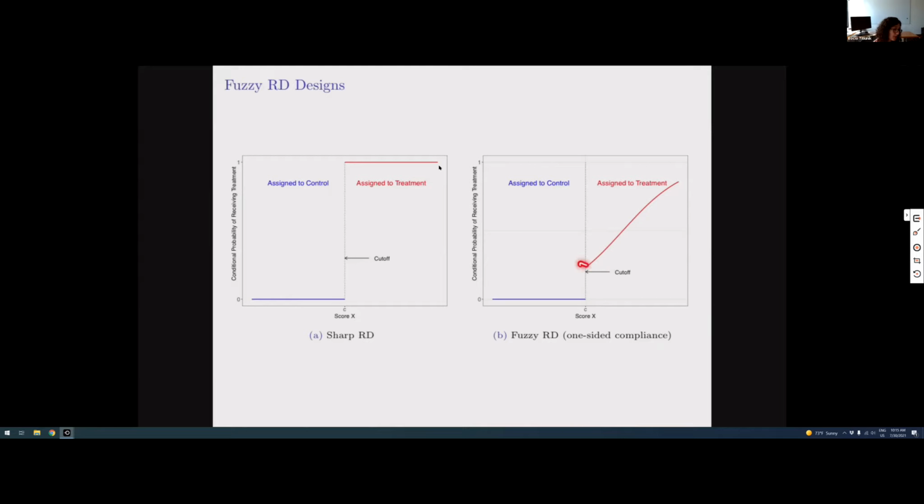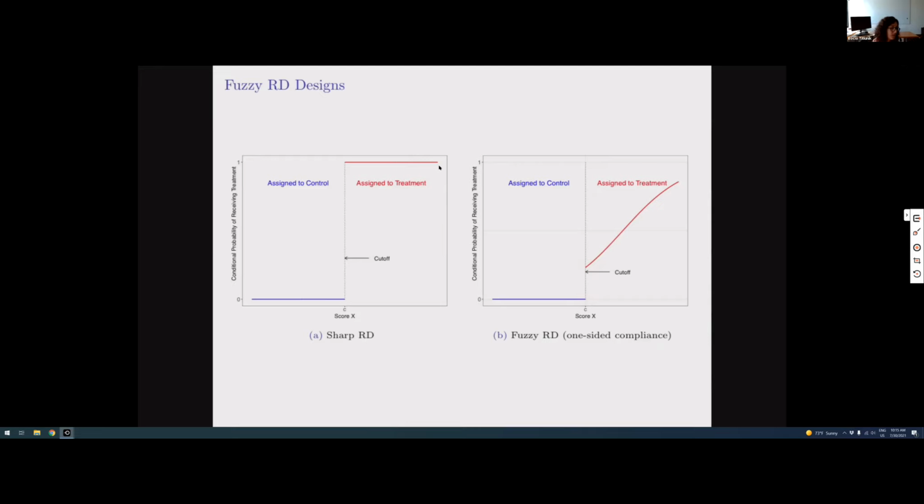That's why the jump in the probability is smaller than 1. It jumps from 0 to something smaller than 1. This is typically what you'll see in a fuzzy RD design.